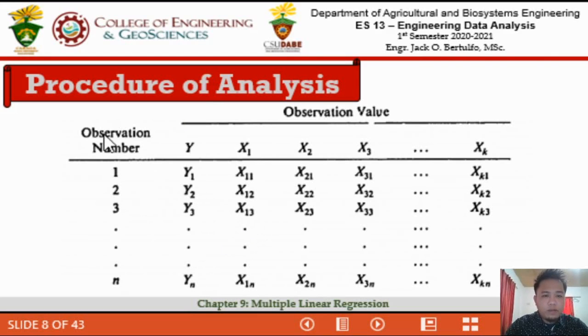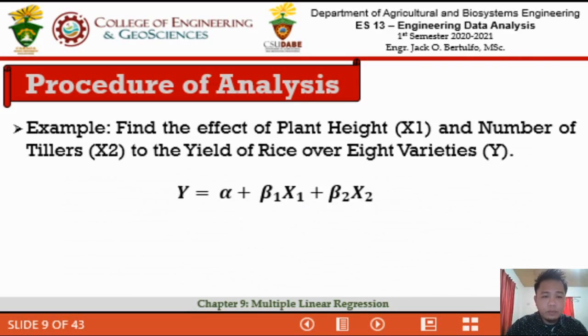So if you have two independent variables, x1 and x2, then you have 1, 2, 3, 4, 5, 6, and 7. So all those data you need. It will just depend.